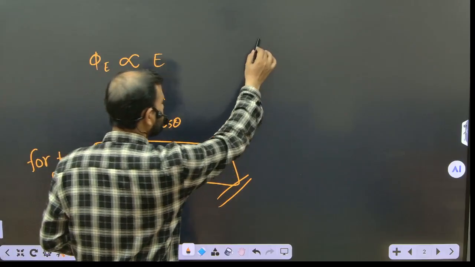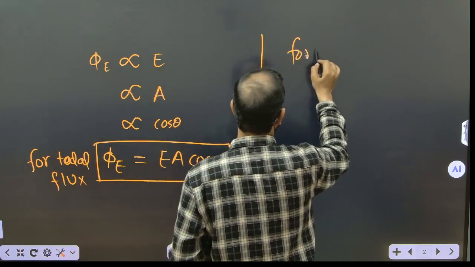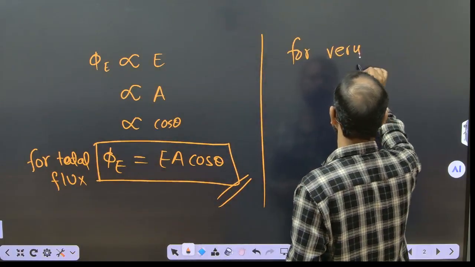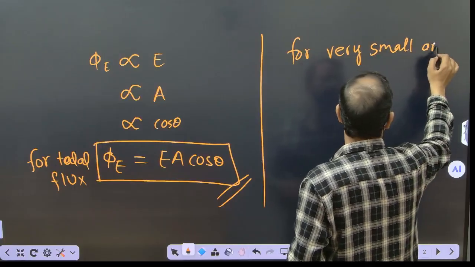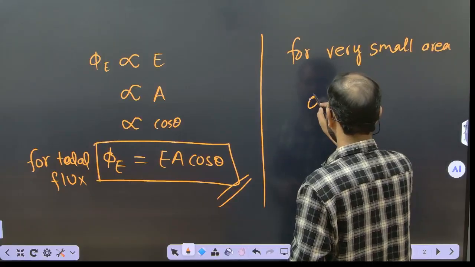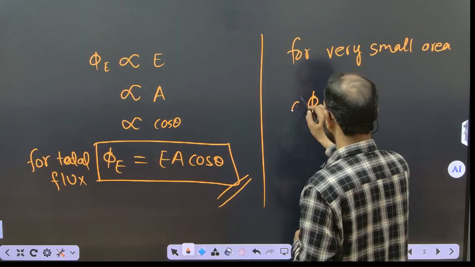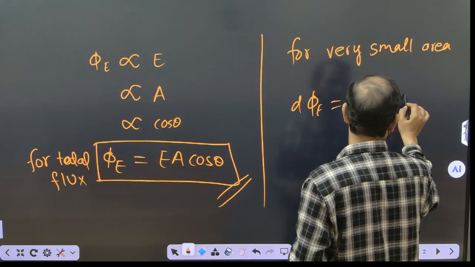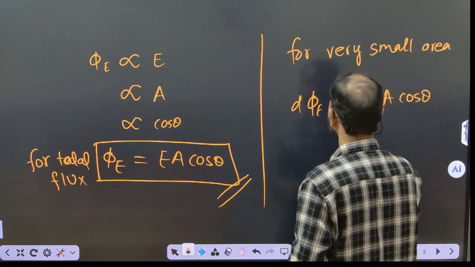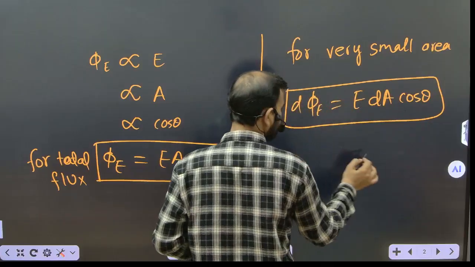But for a very small area, infinitesimally small, d phi E is equal to E dA cos theta. Okay, for a very small area like that.